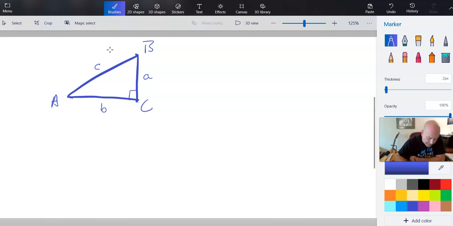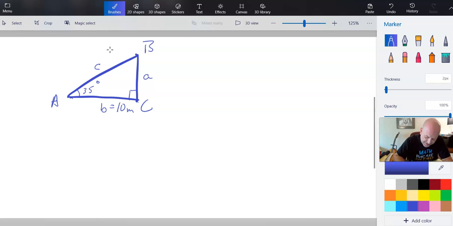Now, say this angle is 35 degrees, and we're also told that one of these sides is 10 meters. The goal when you're trying to solve a triangle is to figure out all the sides and all the angles. Some of this is pretty straightforward.